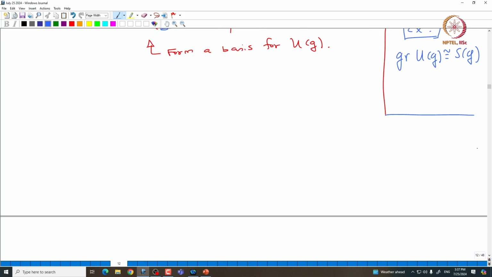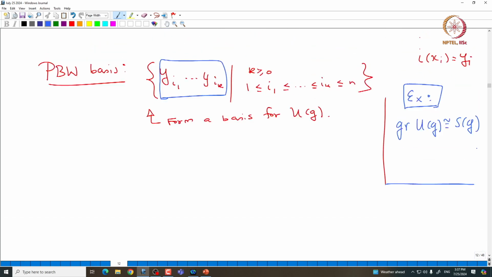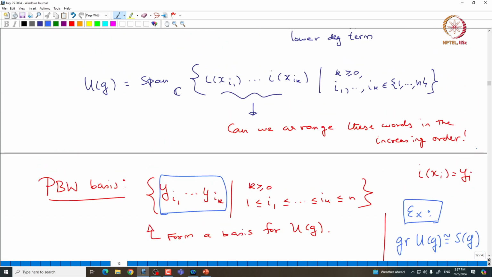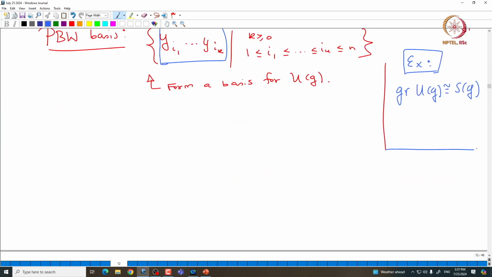So, how can one think about arranging them in increasing order? If you take this word yi1 through yik and it is in the correct order, that means in increasing order, then there is nothing to prove. Let us say you are reading it from left to right, and at some point the order is misplaced.